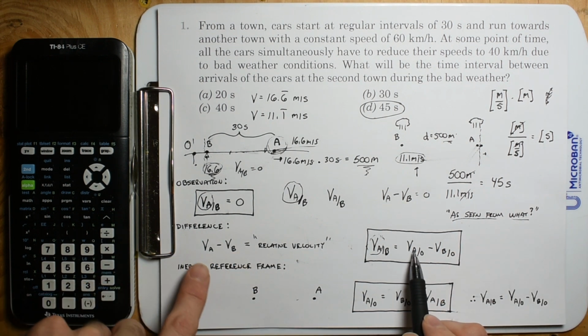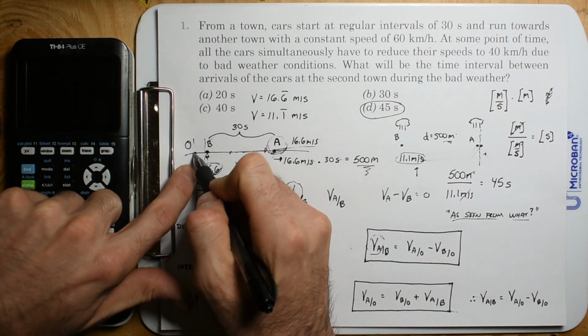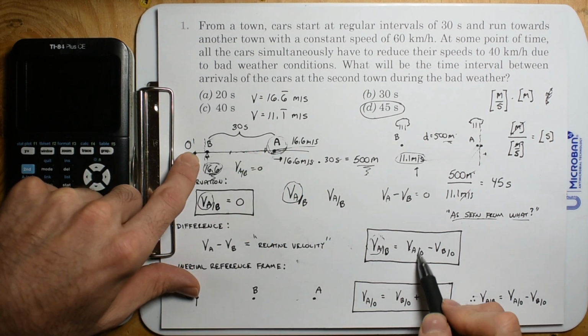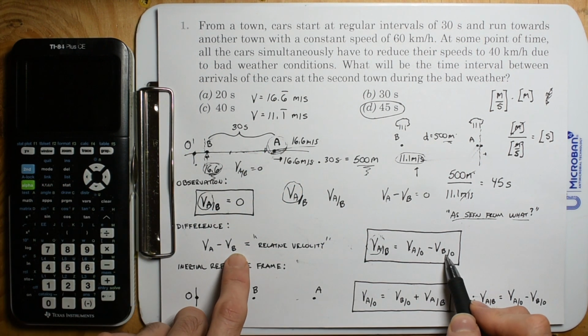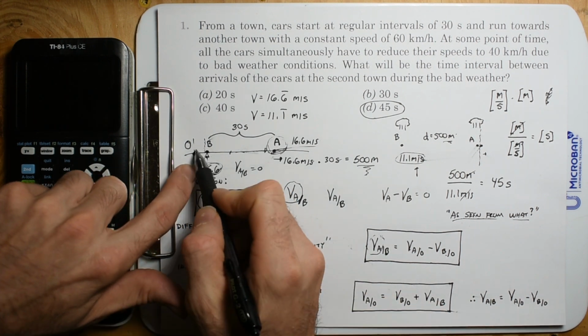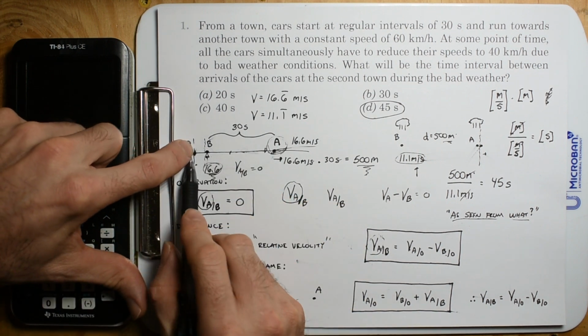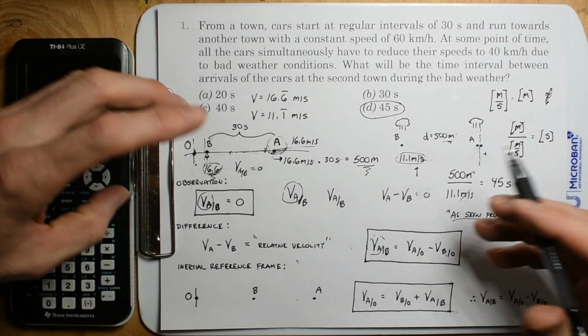So we say it's the velocity of A as seen from point O, the starting line, minus the velocity of B as seen from the starting line. Now, you can move the starting line anywhere.